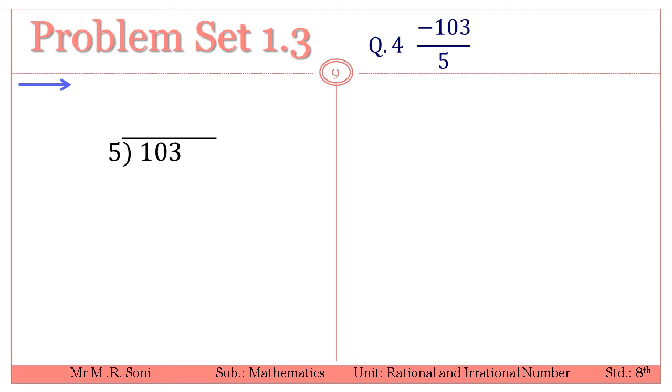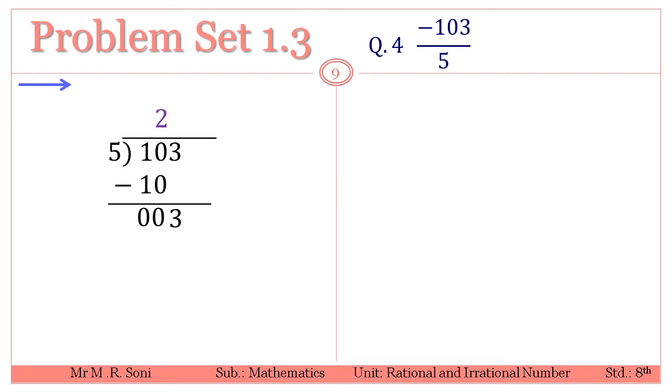In the table of 5, 5 2s are 10, hence 2 is the quotient and 10 will be subtracted. The answer will be 0. Next, the number 3 will be taken down. 3 is smaller than 5, hence dividing 3 by 5 is not possible.